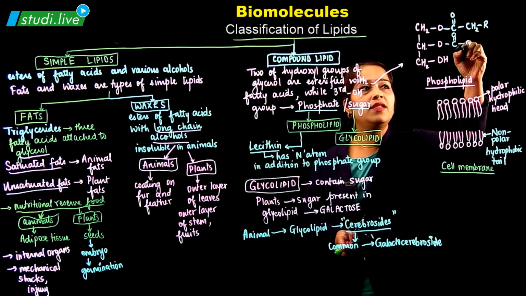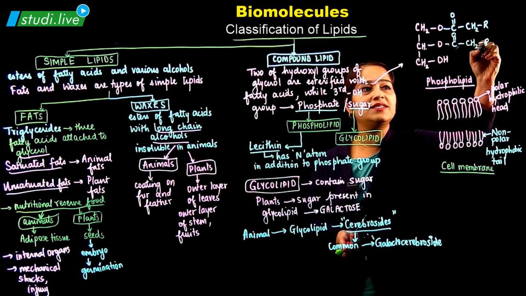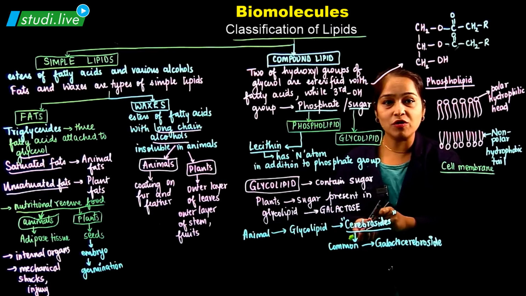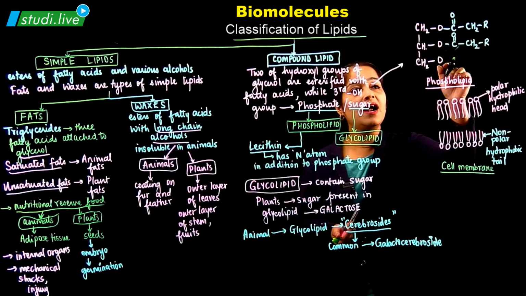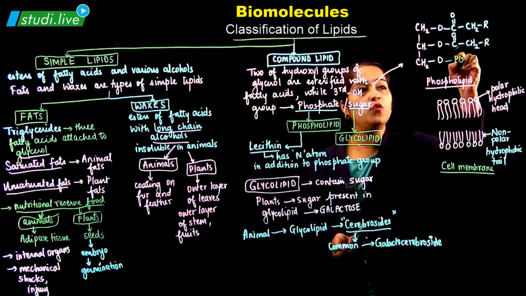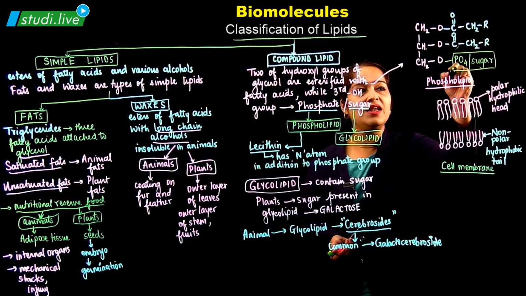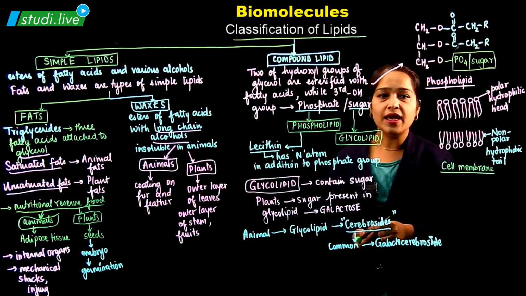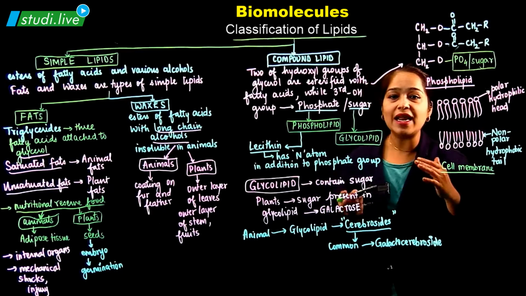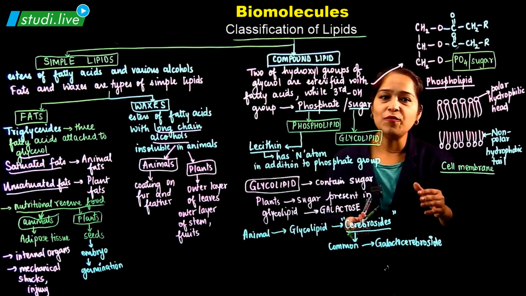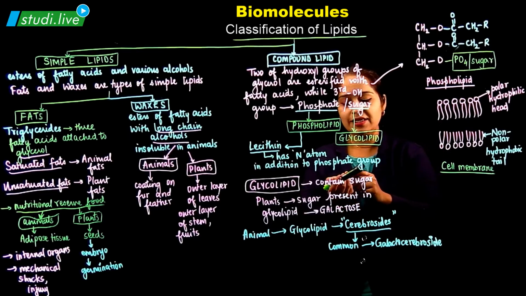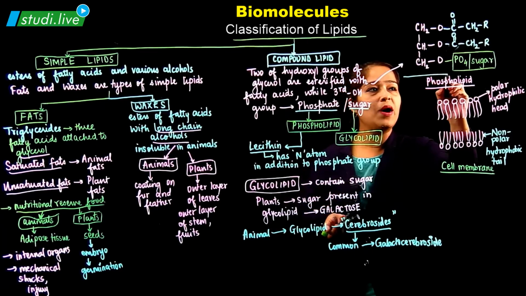While the third hydroxyl group is either attached to a phosphate group or to a sugar molecule. And in the example of lecithin, we also have a nitrogen atom attached along with the phosphate group. So this is the example for compound lipid.